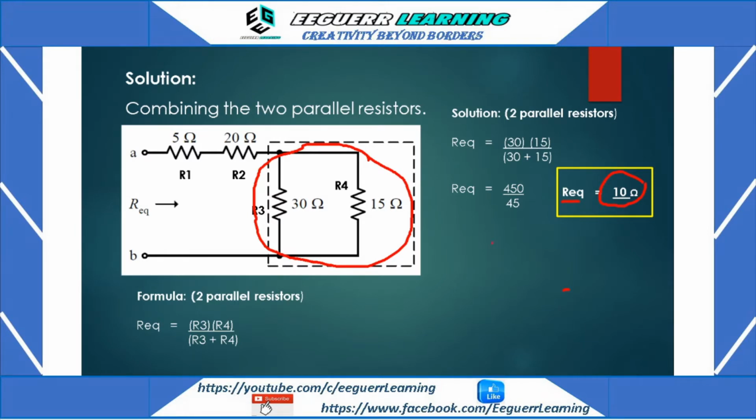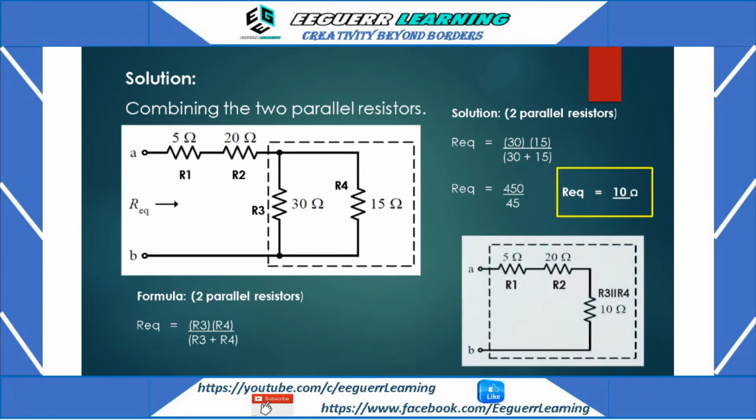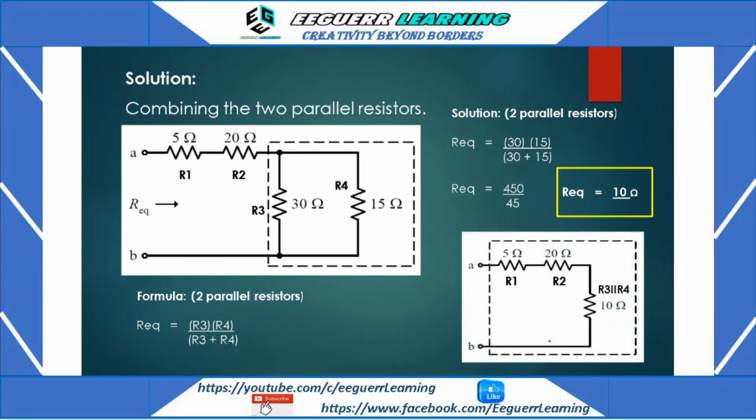Okay, so let us proceed, and that will be our equivalent circuit. Since we combined R3 and R4, this will be our new combined circuit, with R3 and R4 having a total of 10 ohms from our computation.